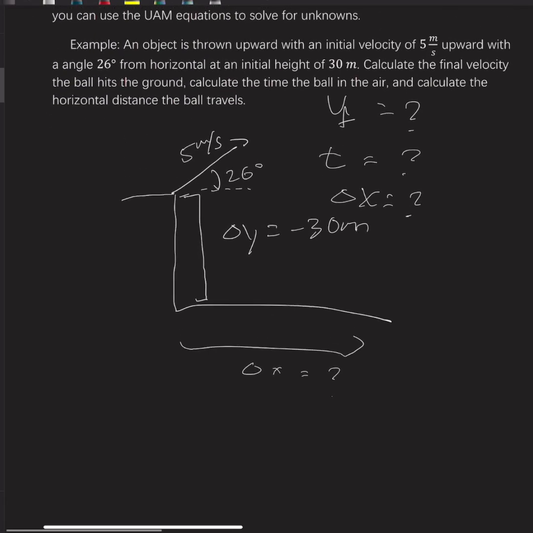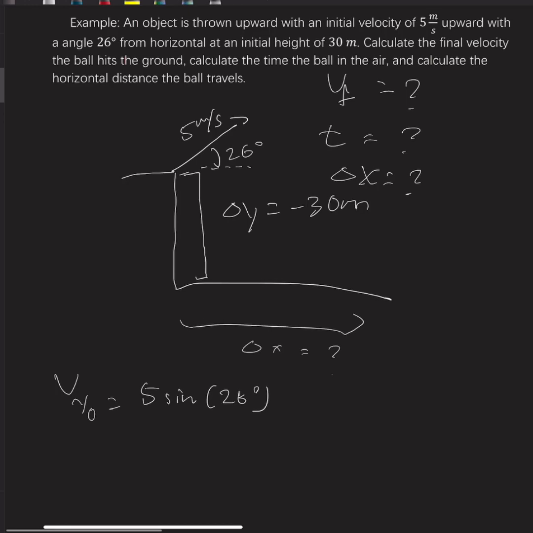So what we're going to do first is break the velocity into components. So velocity initial in the y direction is equal to 5 times sine of 26 degrees. And velocity initial in the x direction is equal to 5 times cosine of 26 degrees.